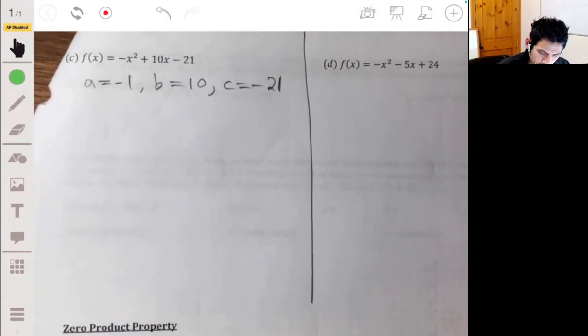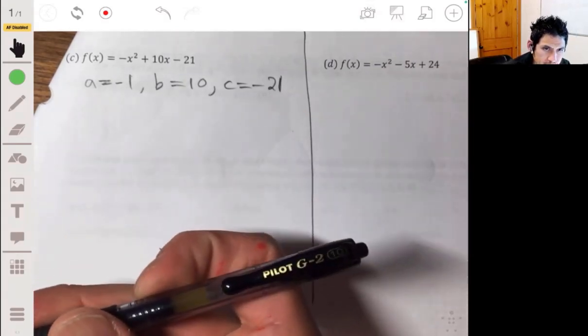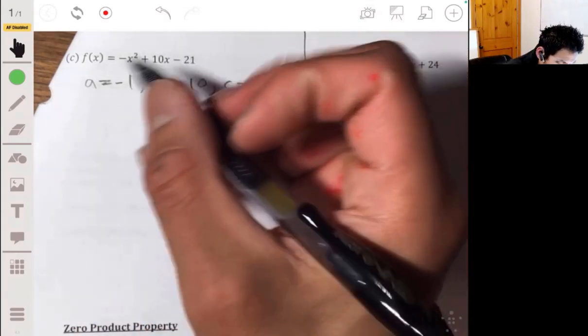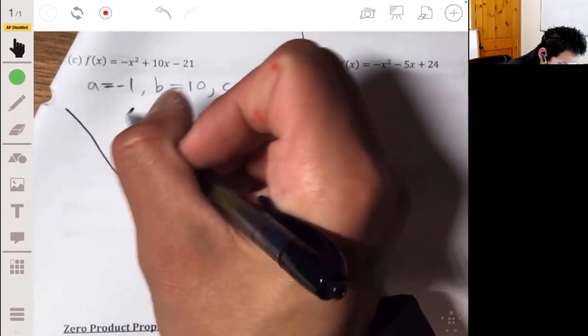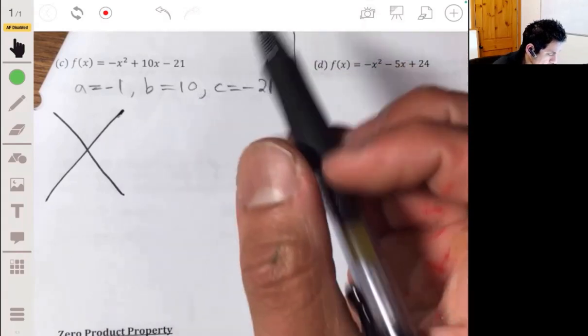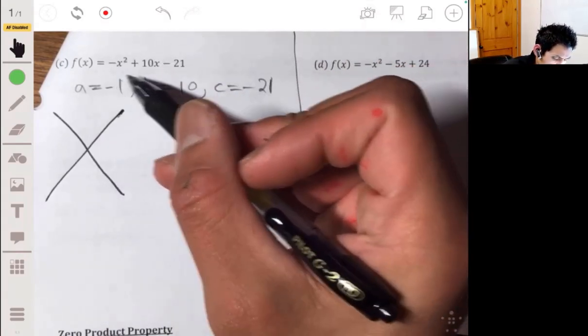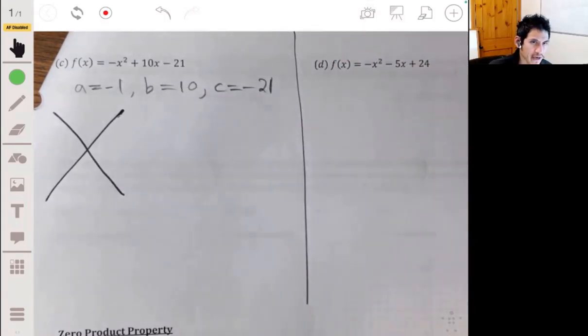All right, and let's go with good old pen pilot G2. Factoring this, X diamonds or X games, AC on the top. Now, here's the thing. Make your life much easier. Factor out the negative 1 because you don't like x squared being negative.